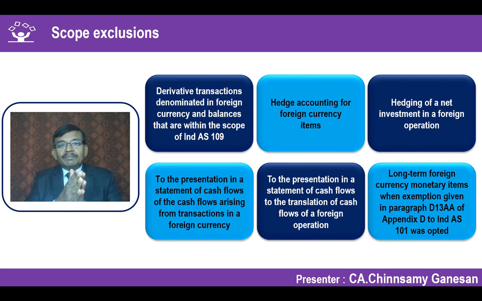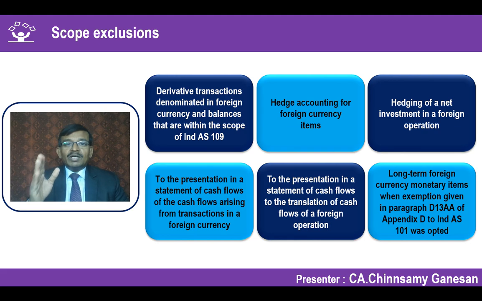So on the basis of whether it's a depreciable asset, it is added to or deducted from the carrying amount and depreciated over the useful life of the asset. Suppose it is not relating to a depreciable asset but to another long-term item, then that will be carried in FCMITDA and amortized over the repayment period of that long-term foreign currency monetary liability.